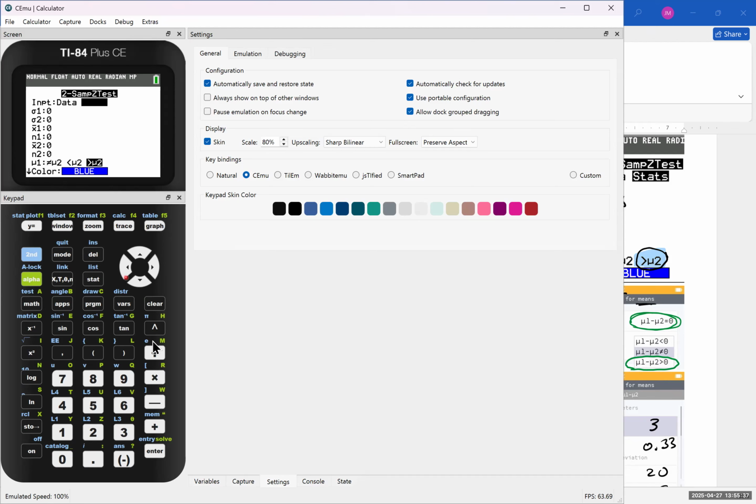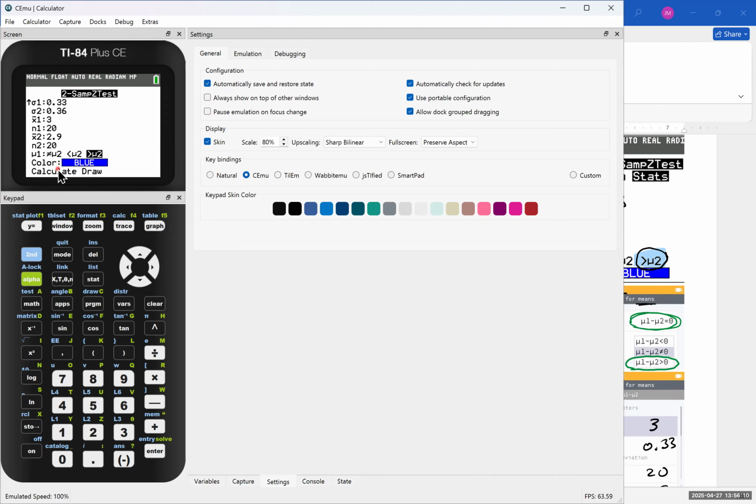So we're going to have 0.33, 0.36, 3, 20, 2.9, 20, and the alternate hypothesis was this one, greater than mu2, which for me was already selected.